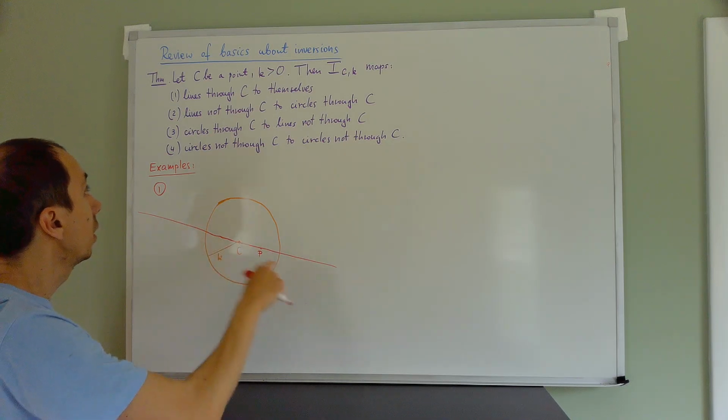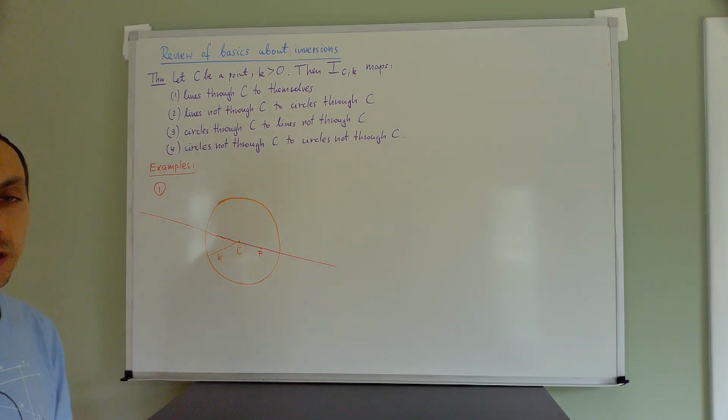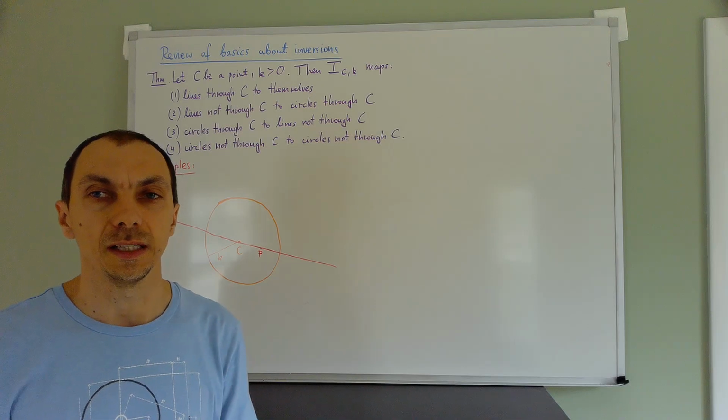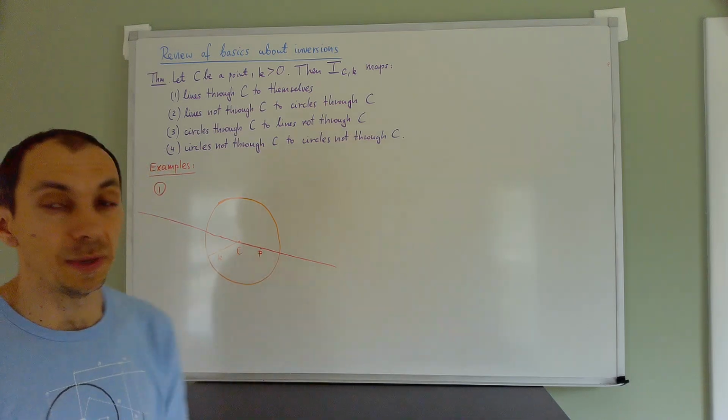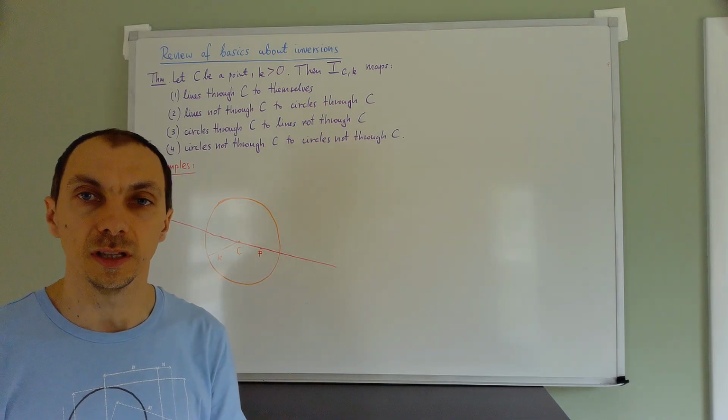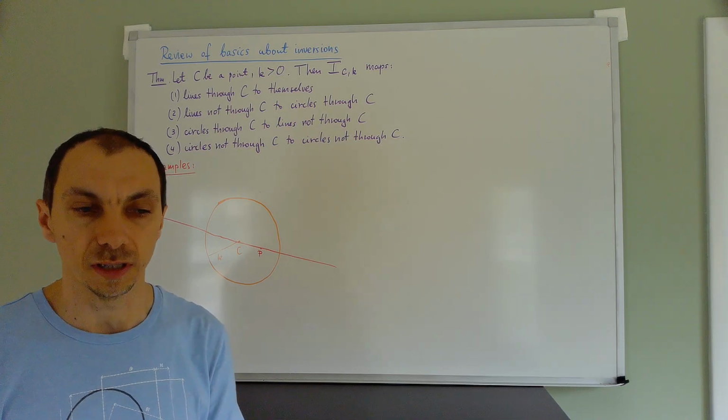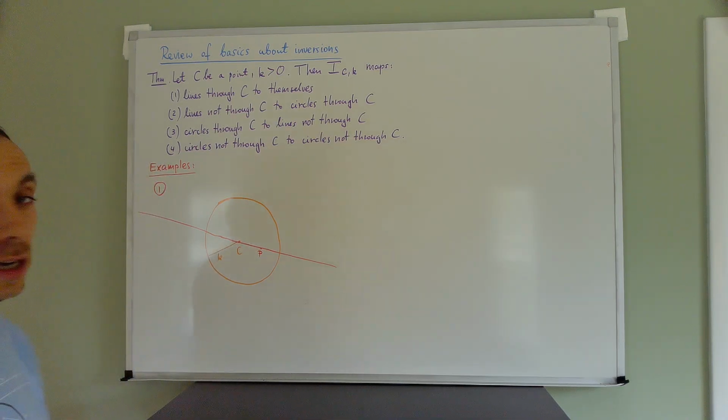So it's really clear in case number 1 that this entire line is going to be mapped back to itself, because any point on this line is going to be mapped to a point on this line. So that's really the easiest case.